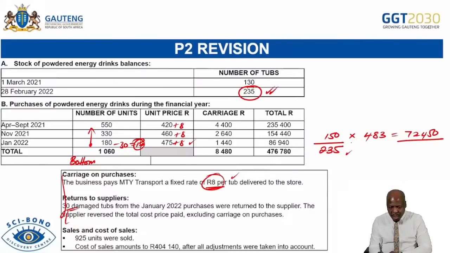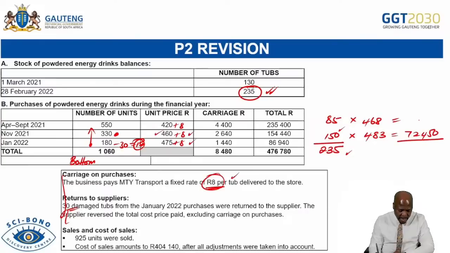So it will be 235 minus 150. And how much are you left with? 85. Then you look at the next purchase, which is in November. That's where you get your 85. Then you say, how much is the cost per unit? 460 plus 8, 468.